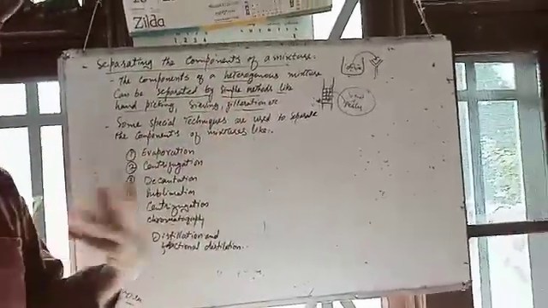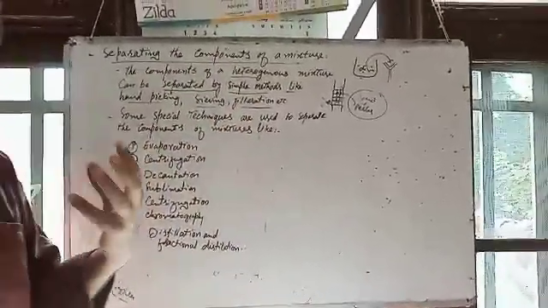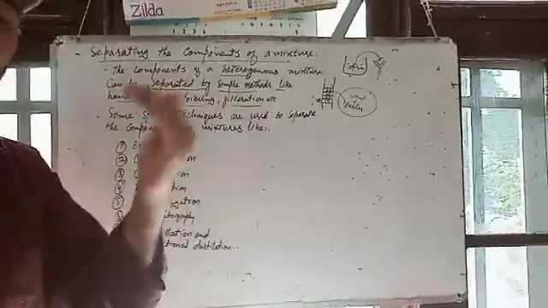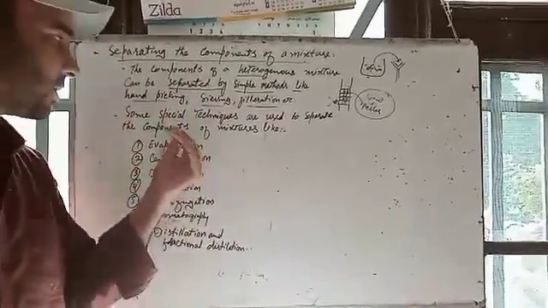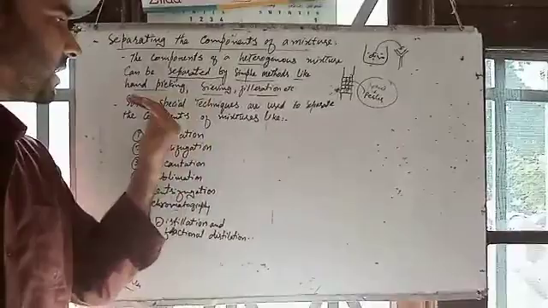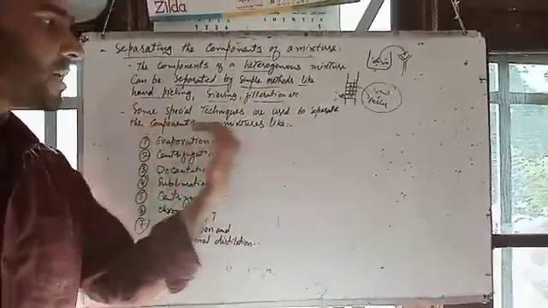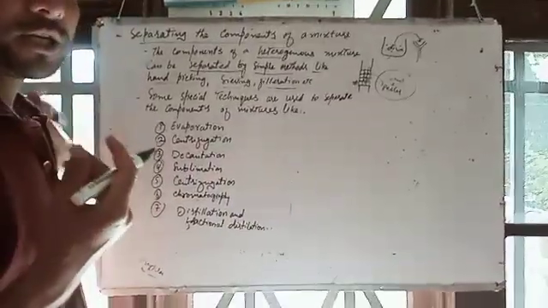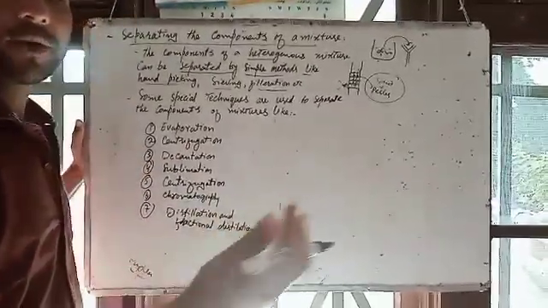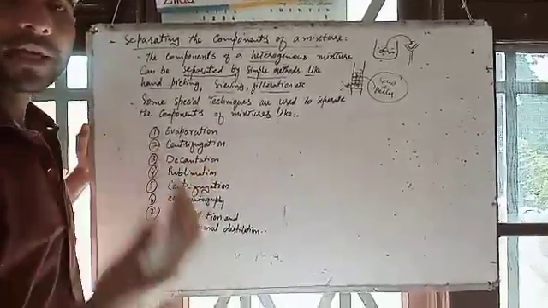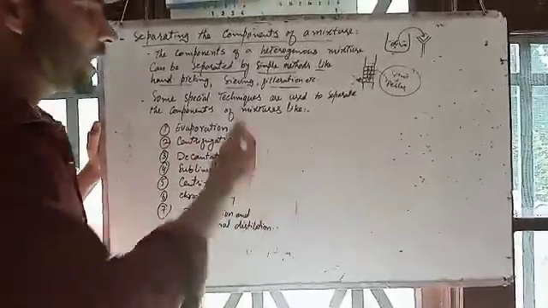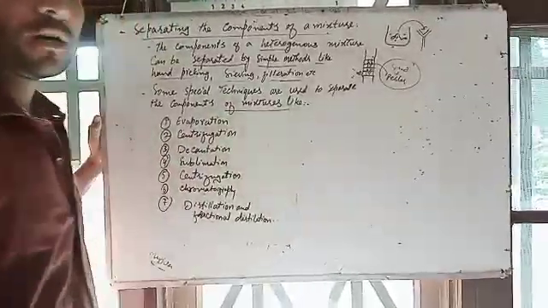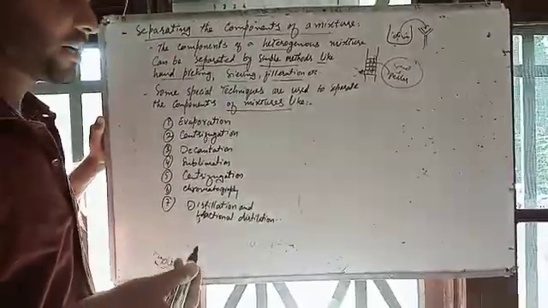Now there are special techniques. There are a lot of mixtures. How can we separate the different components from these mixtures? These special techniques are used to separate components of mixtures. There are approximately six or seven of these separating techniques.